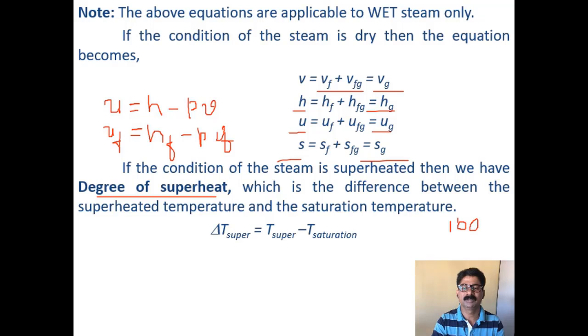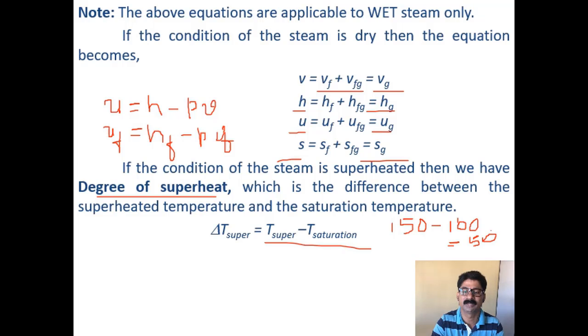Now the temperature of the steam at 1 atmosphere pressure is 150 degrees Celsius. The moment I know this, I come to know that it is superheated steam. Superheated by what amount? That is T super minus T saturation. T super is 150, T saturation is 100, so 150 minus 100 is 50 degrees C, which is the degree of superheat at 1 atmosphere.